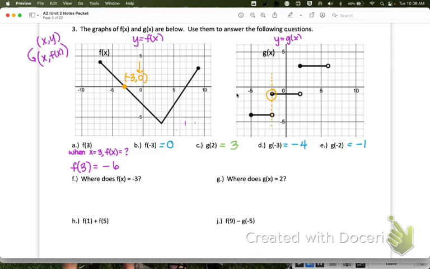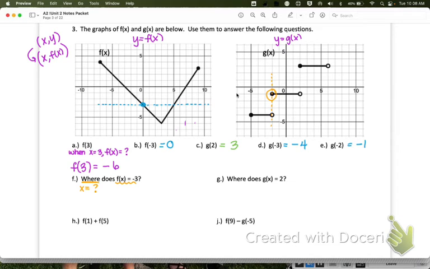Now, F and G are asking the question in reverse. So F says, where does f of x equal negative 3? Now, we're asking what is the x value when f of x equals negative 3. So now, instead of looking at the x-axis, we're looking along the y-axis. So y is f of x. So I want to know, where does the y value equal negative 3? Here's negative 3 all the way across.